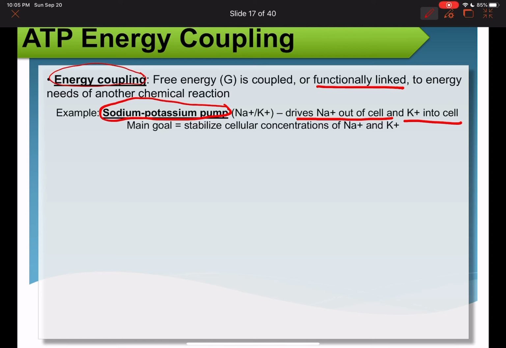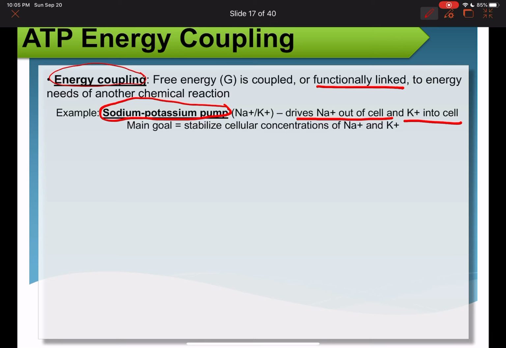And typically, this is happening against its concentration gradient. We'll talk about diffusion, concentration gradient, all that stuff when we get to chapter 5, okay? But just know that for now, when we're talking about going against its gradient, it requires an input of energy, which is coming from ATP.